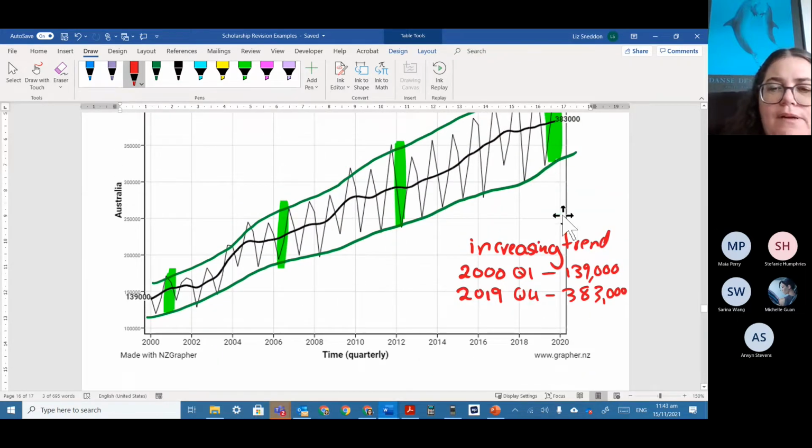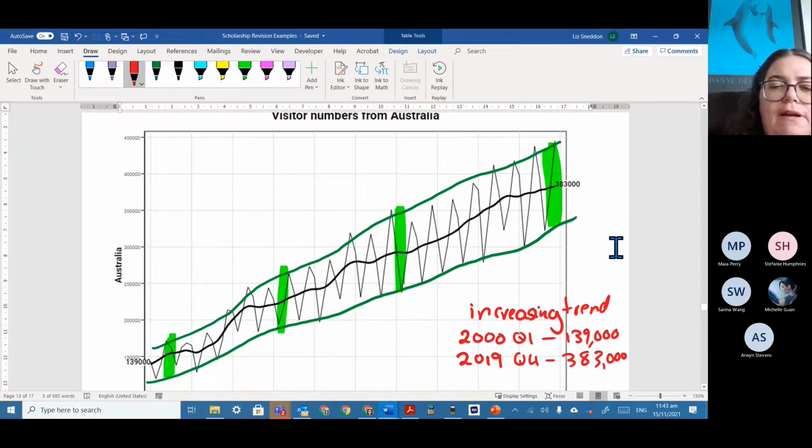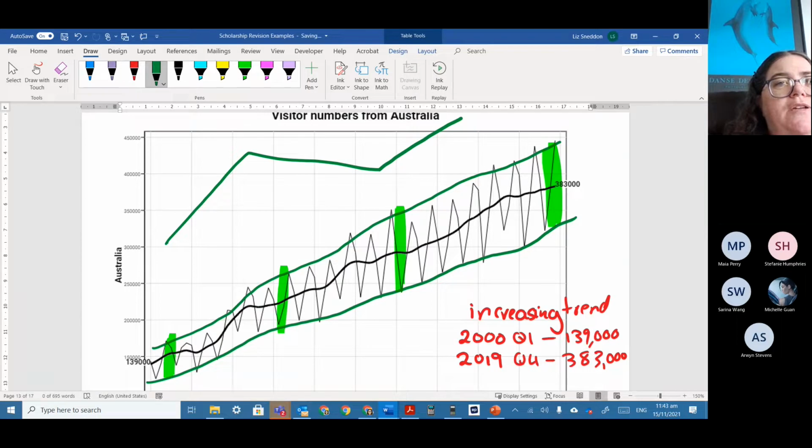If I look at that trend line, does it look like a pretty steady increase, or is it quite jerky? What I'm thinking about is if I had a trend line that went like this in a piecewise function, that means the trend has changed quite significantly. So there was a period of time where it increased really steeply, then the trend actually turned around, and then it increased again. So that was quite a significant change.